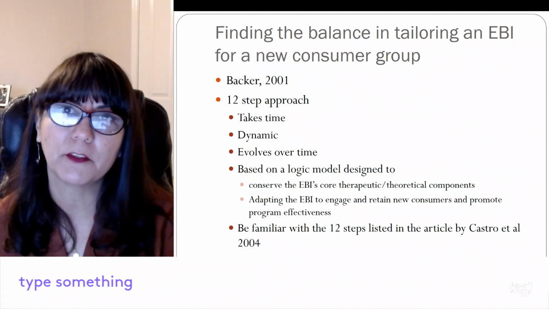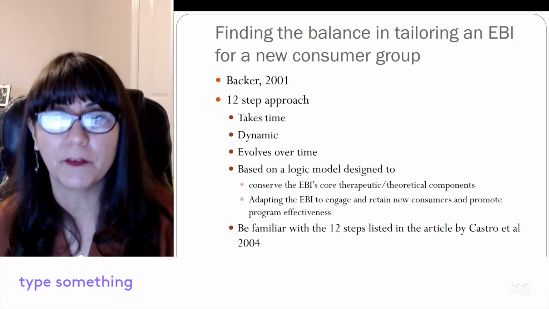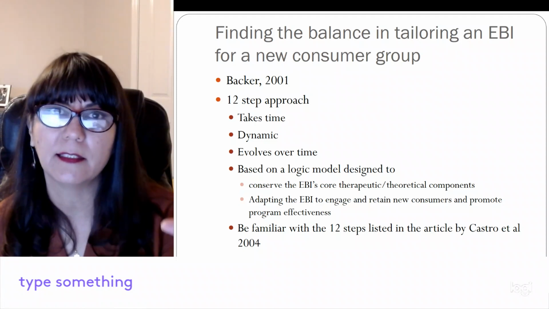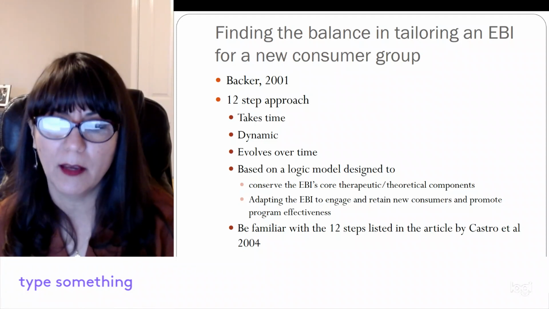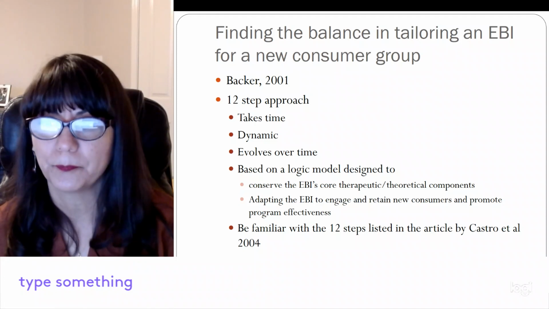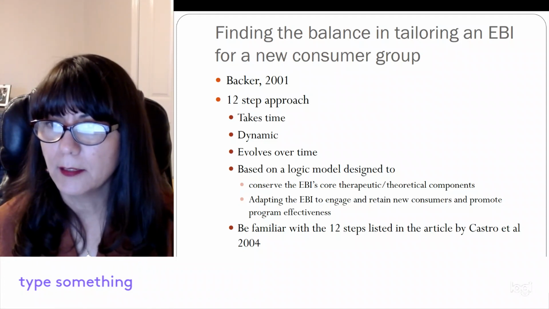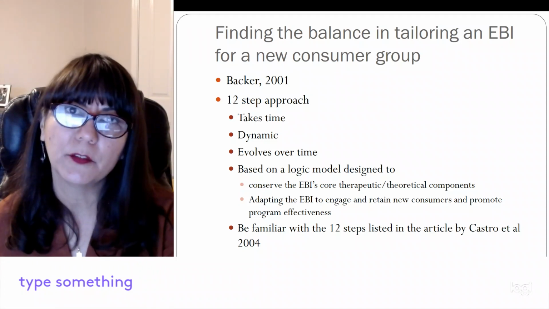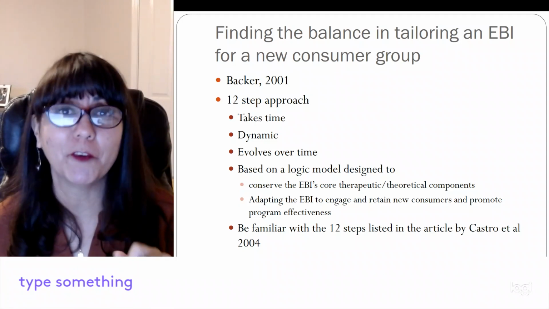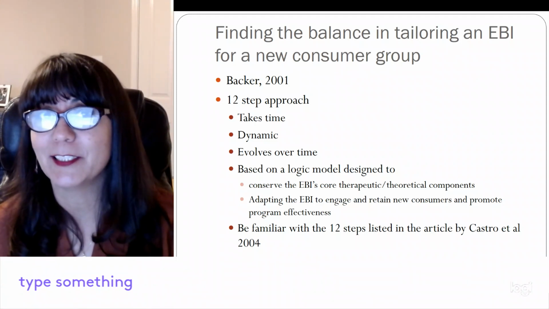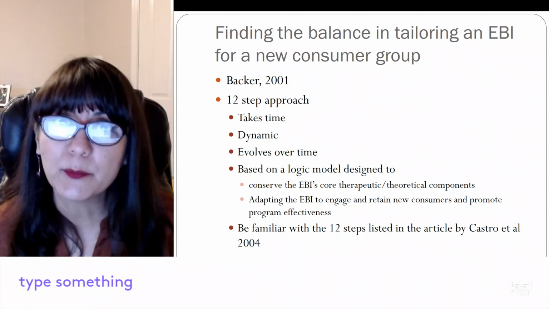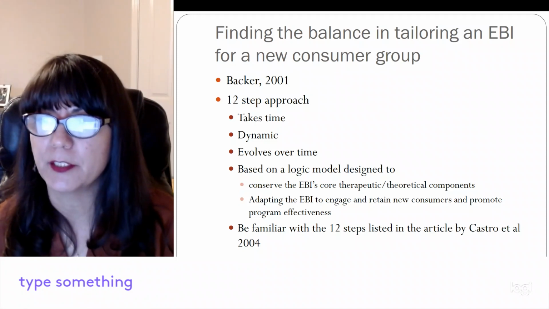They did several iterations of their intervention so they could continue adapting it for the new consumer group. So the adaptation may continue to evolve over time, right? You might continue making additional adjustments and refinements to the intervention.